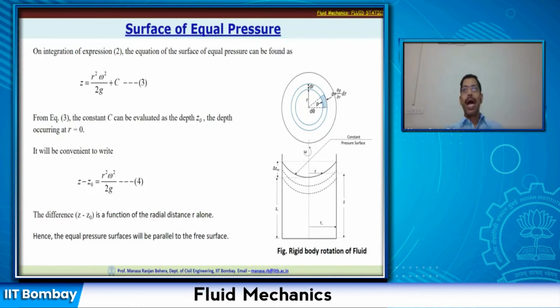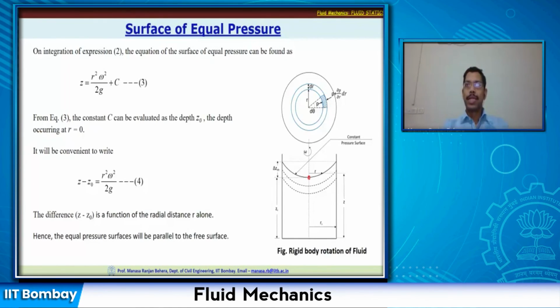Okay. So now I will take this point which is at the center or along the axis and along the surface of the fluid. So what is that? The z is equal to z0 here, and what we know, r is equal to 0. So if I substitute those, then my c is going to be, the z has become z0 and c is now, if we look at equation 3, the constant c can be evaluated as depth is z0.